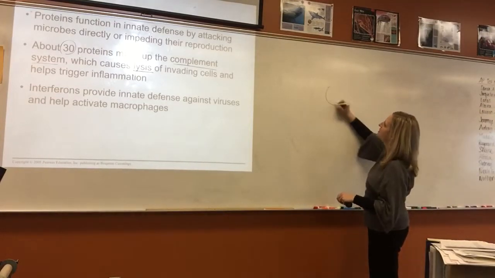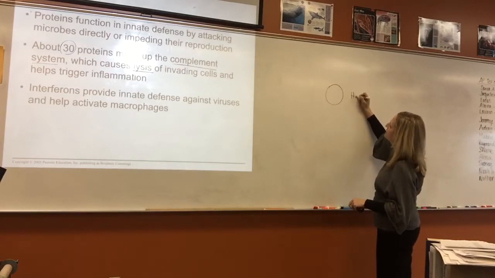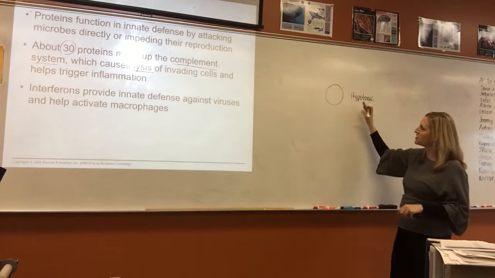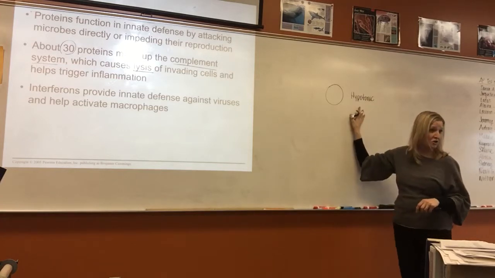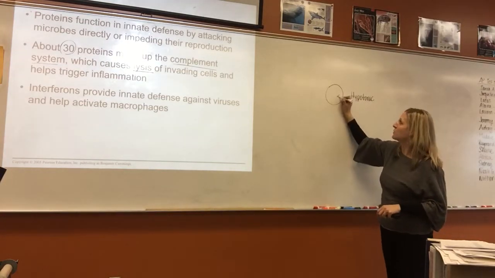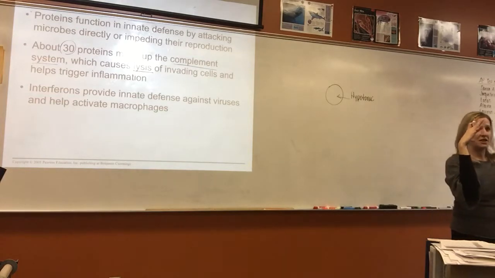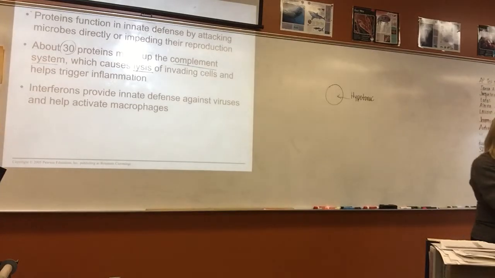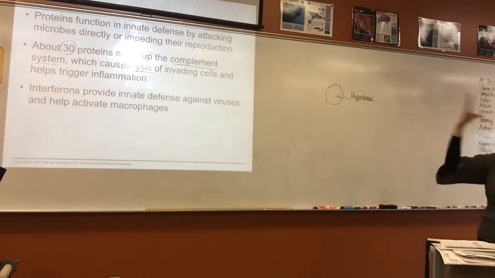We said animal cells don't have a cell wall, and if you put them in a hypotonic solution, that means the higher concentration of water is on the outside, and water will go in. Remember, animal cells will just keep getting bigger and bigger. They don't have a cell wall to stop that, and then eventually the cell will explode. So lysis really means the poking of holes or destroying that cell membrane.